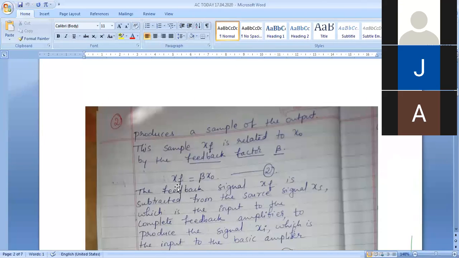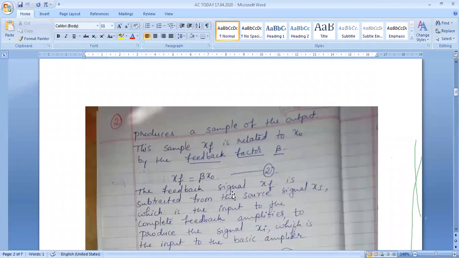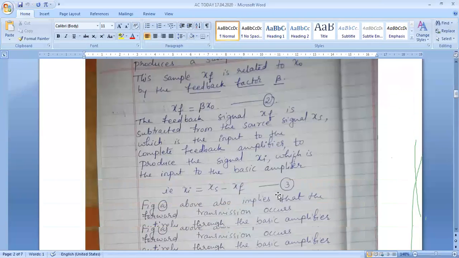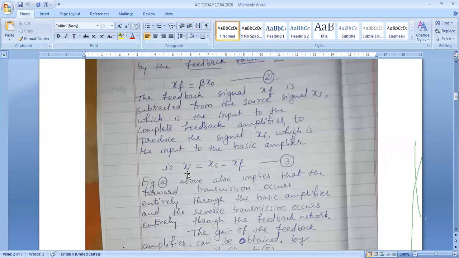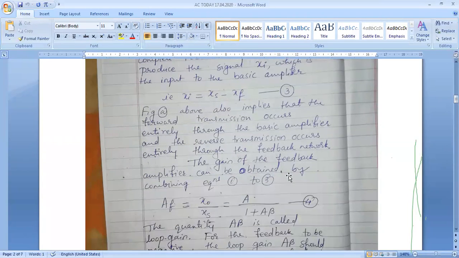So this is given by XF equal to beta into X0. This is equation number 2. Now I already told you Xi is nothing but the difference between the source signal XS and the feedback signal XF. So Xi equal to XS minus XF. This is equation 3. Now using these 3 equations, let us find out an expression for AF.